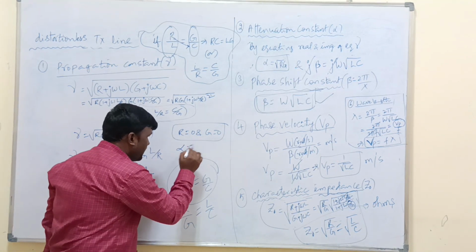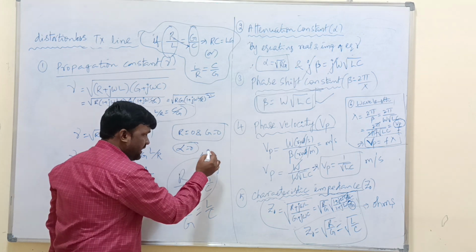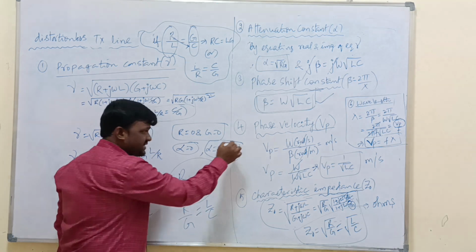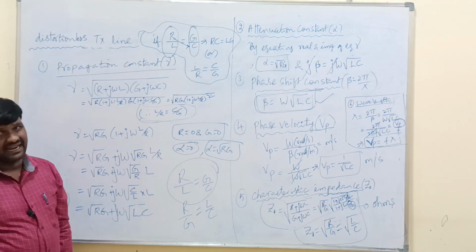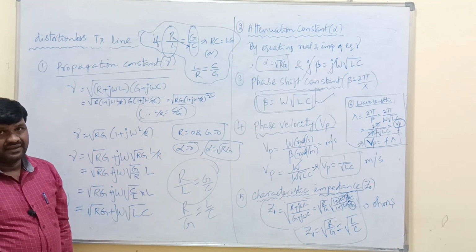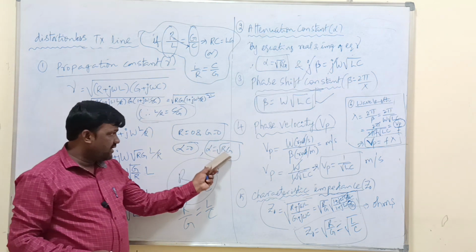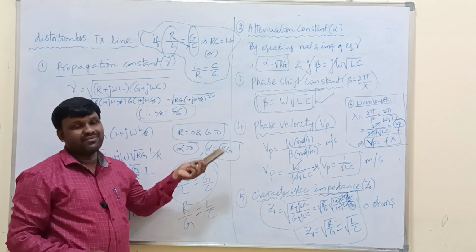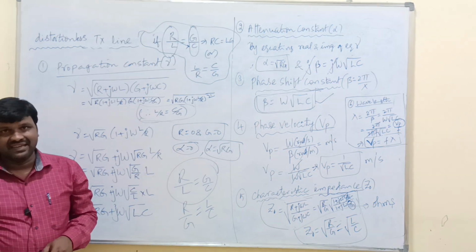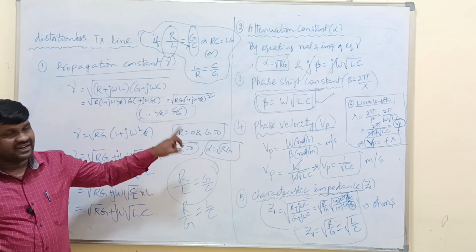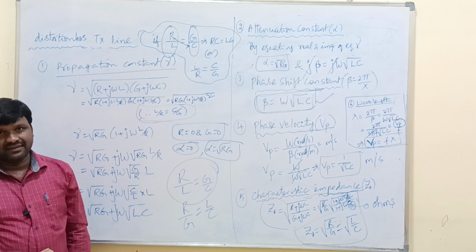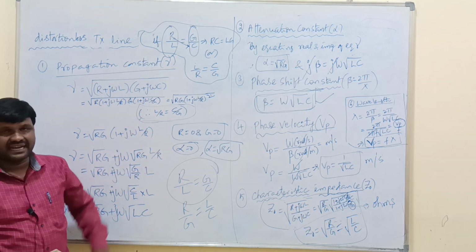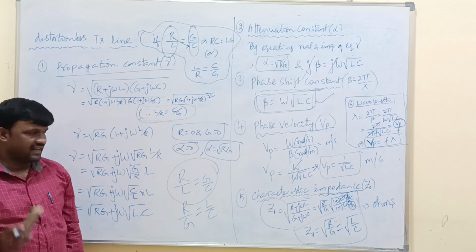Alpha equal to 0 for lossless transmission line and alpha equal to root RG for the distortionless transmission line. So if you take R value and G value as 0, a distortionless transmission line may become a lossless transmission line. But a lossless transmission line may not be a distortionless transmission line. So this is all about lossless and distortionless transmission line.